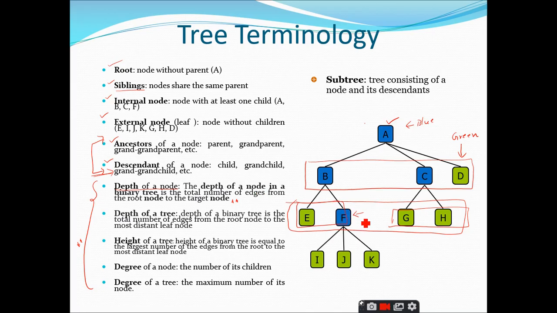If I want to consider the depth of a node, you go to the root node and count the number of edges in the path from the root node to this particular node.